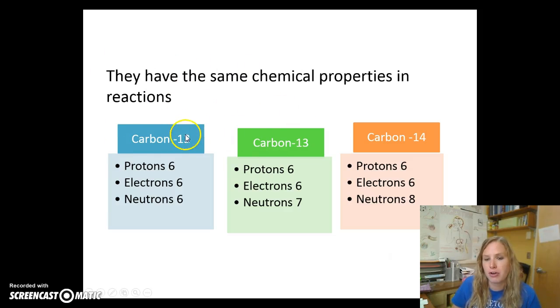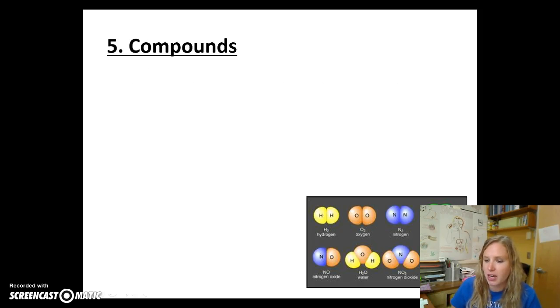So here's a really great example. Again, talking about carbon-12, 13, and 14. Every carbon atom has 6 protons, therefore has 6 electrons because it has to be neutral. But we take the protons plus the neutrons to get this mass number. So 6 plus 7 is 13, and 6 plus 8 is 14. That kind of just visually shows you what I was just talking about.